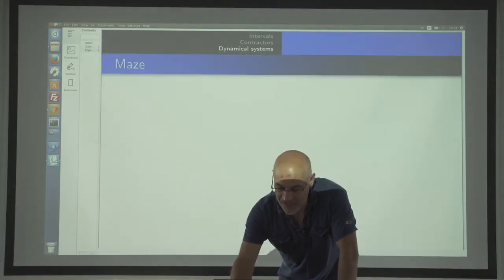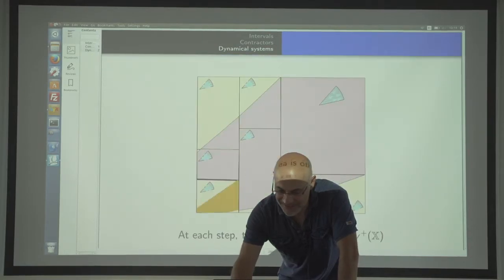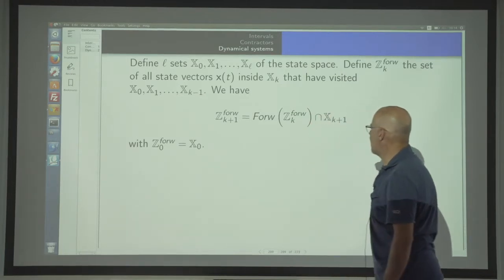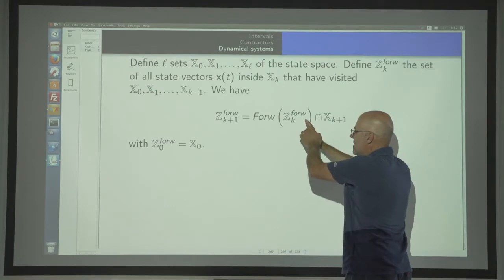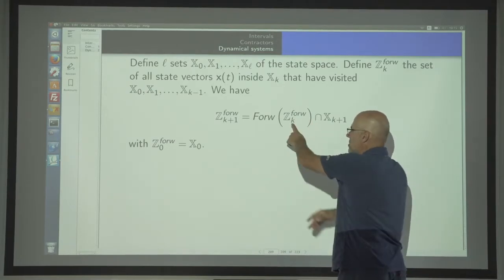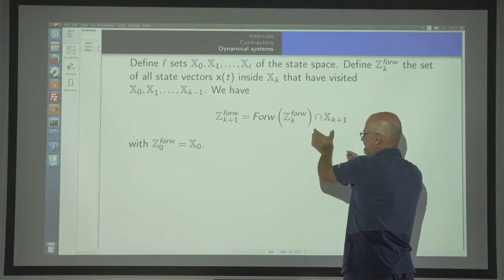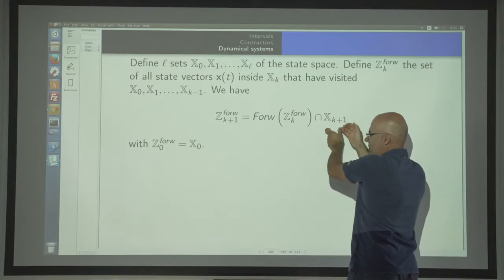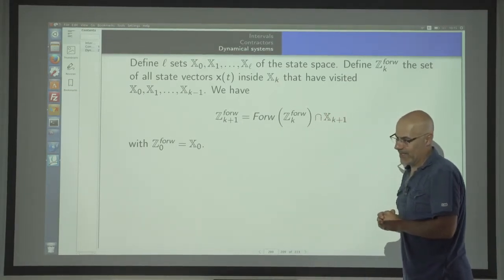In this relation, I have this set of all points that have visited all paths in the right order. So since I add the set xk after, this one will necessarily respect the order.